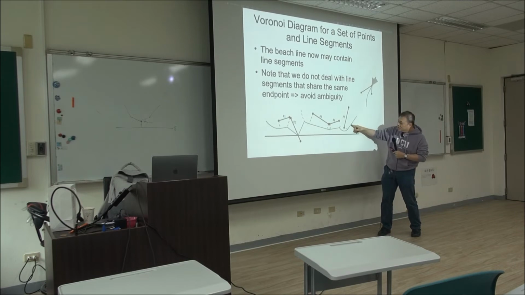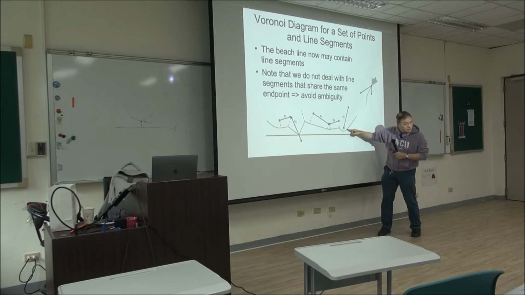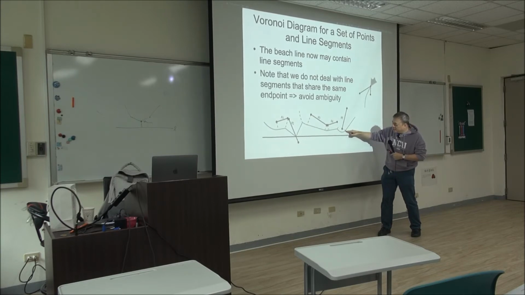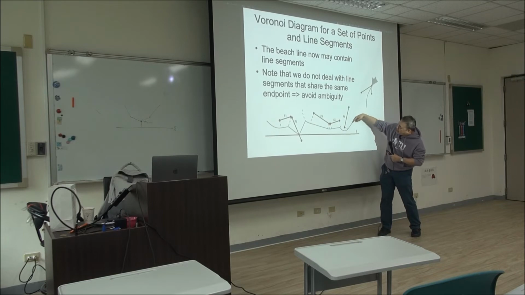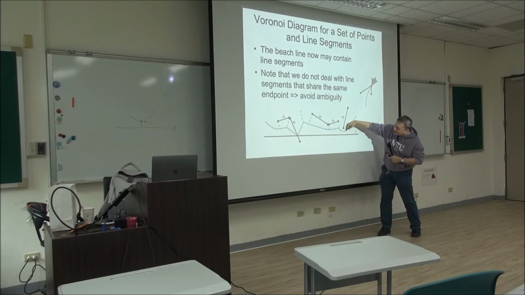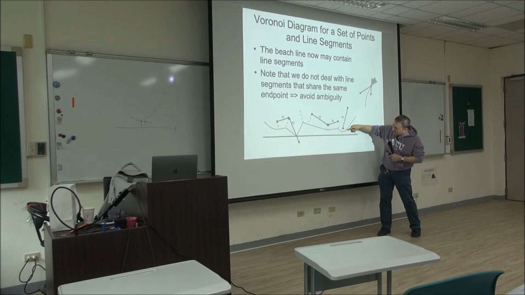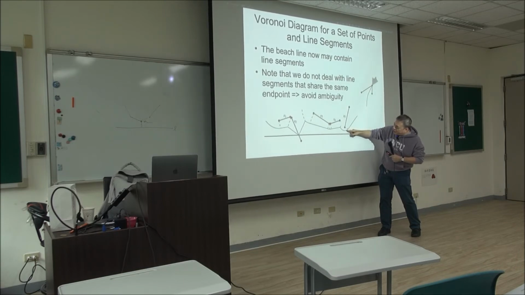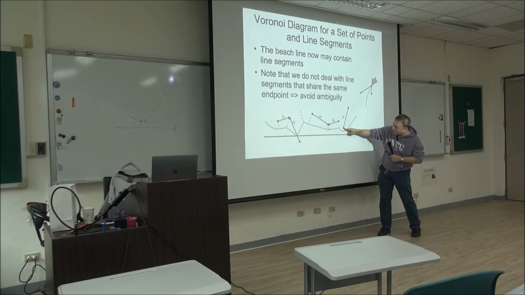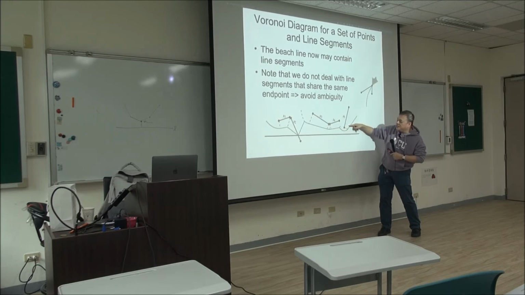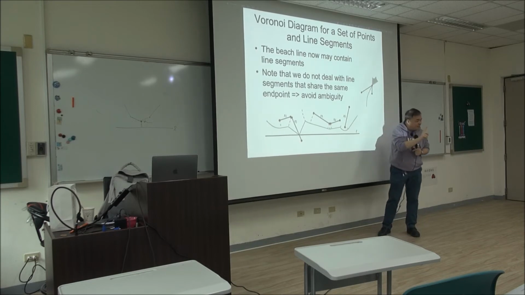This exact point is where this line changes into a parabola, because after this point, this point will be closest to the end point instead of the interior of the same segment side.